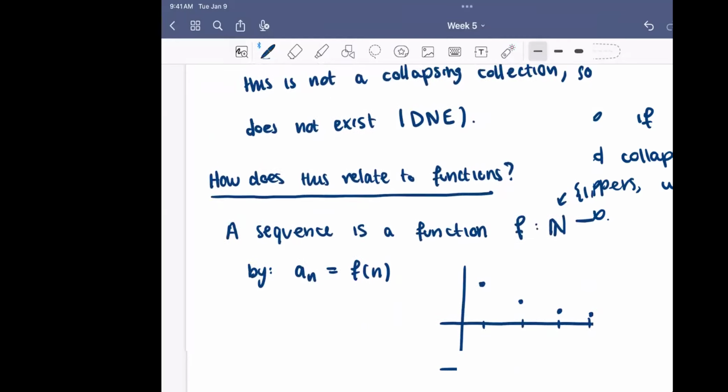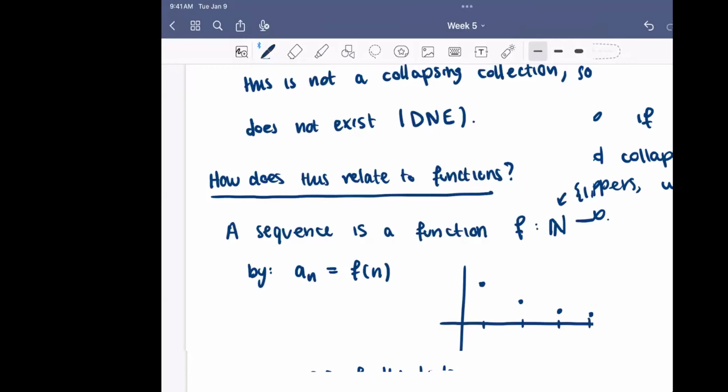So the wrappers of the tails are the wrappers of the f images of the standard collapsing collection for infinity, which would just be [1, infinity), [2, infinity), and so on.